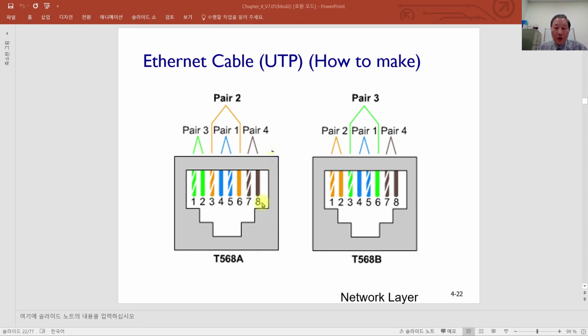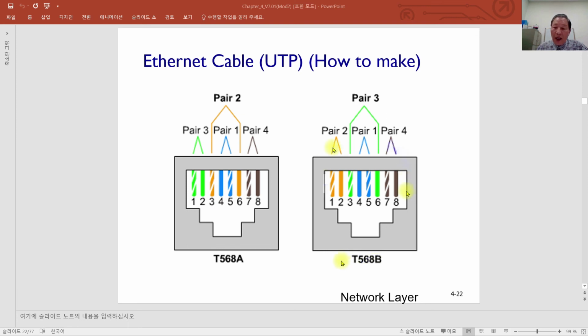In a UTP Ethernet cable, there are colored lines like this, actually 8 lines, 4 pairs, and there is a standard. We will learn about that. There are 2 types: T568A and T568B.